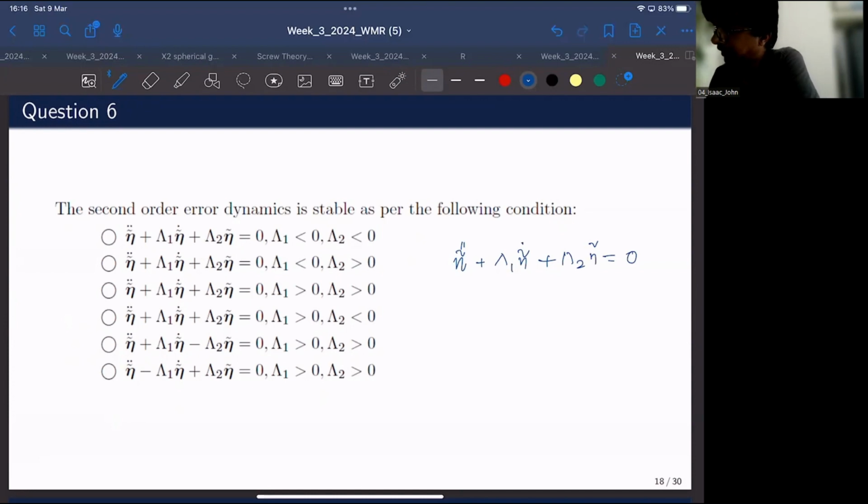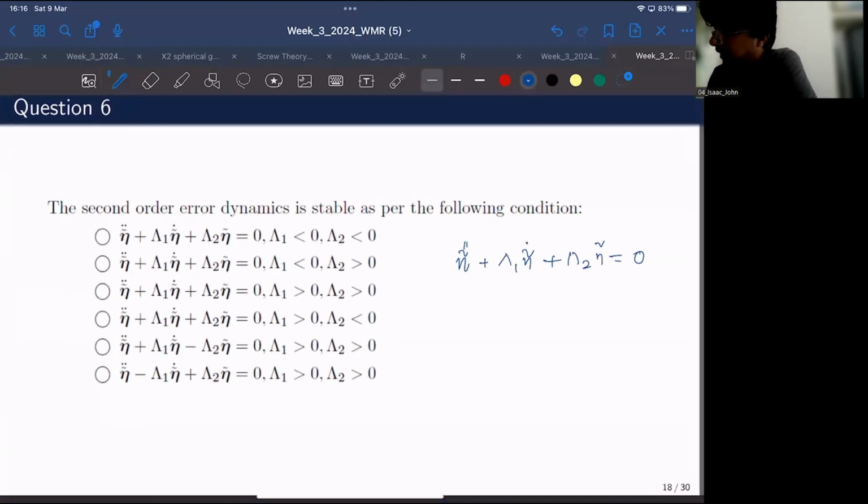This means if you compute the complementary function or the homogeneous solution for this equation, you can see that eta tilde will tend to 0 as time tends to infinity, and the same is also true for eta tilde dot.